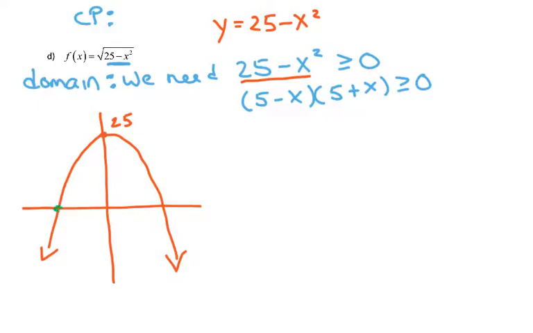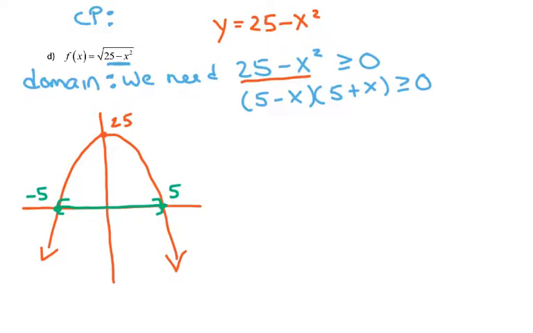And what are these two points here? Do you know what they are? These are the zeros, negative 5 and 5. So if you can see that, then I know it's going to be greater than or equal to 0 between -5 and 5. And that's my domain.